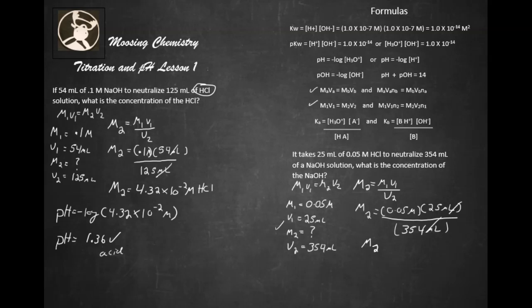My M2 value is going to be 3.62 times 10 to the negative, I think it's going to be 3. Let me double check on my calculator just to make sure. I think it's negative 3. It sure is.